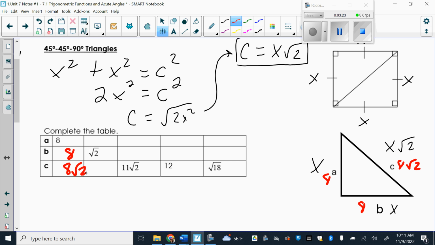Now, no Pythagorean theorem is necessary. Next example. If we know that the measure of side B is square root of 2, then that means we know the measure of side A is also square root of 2, and the measure of side C is the square root of 2 times the square root of 2, which is 2.